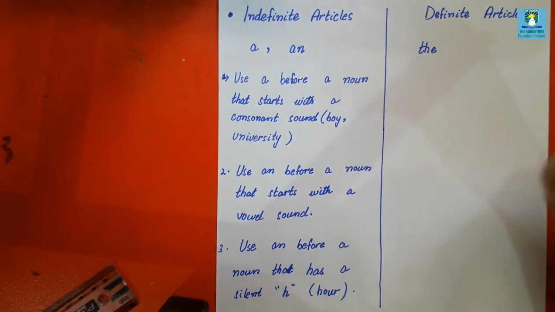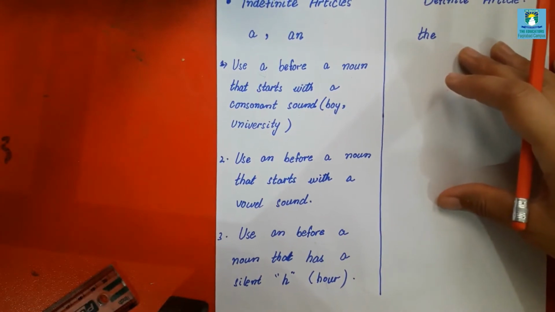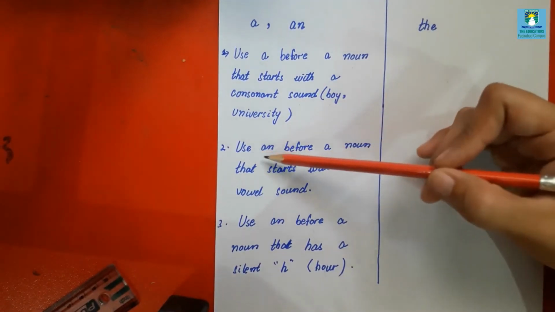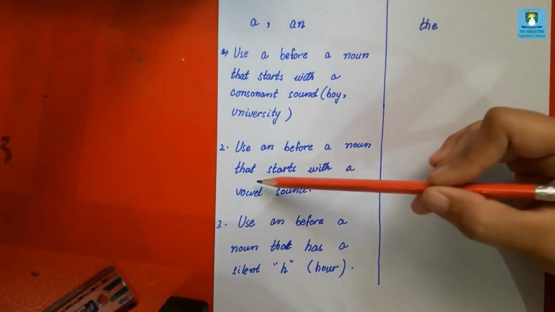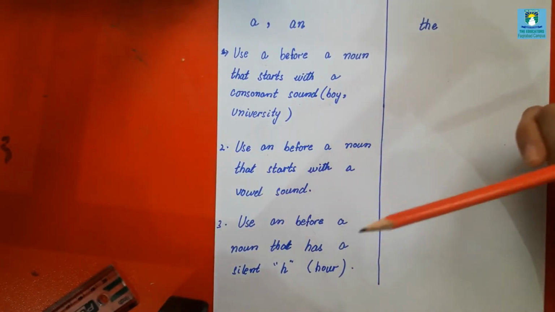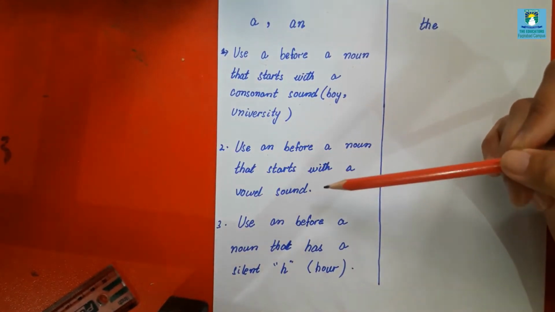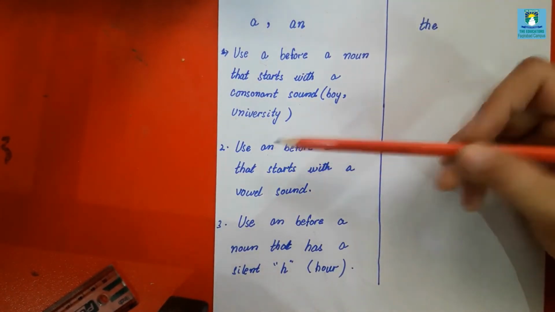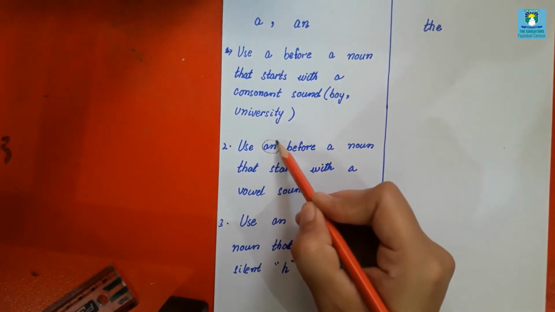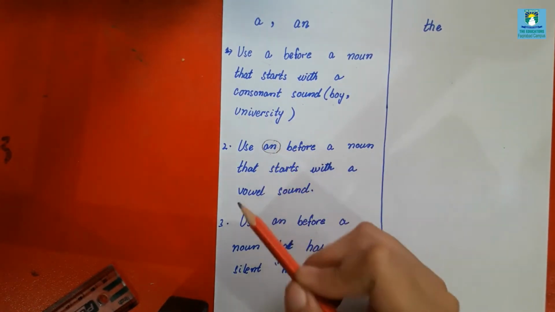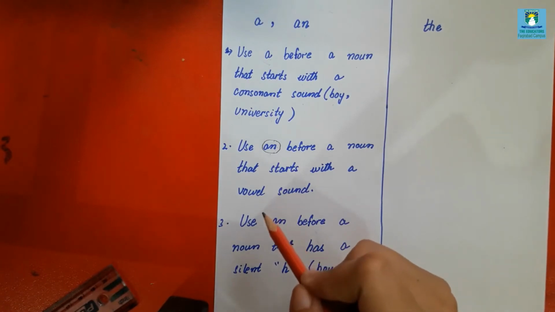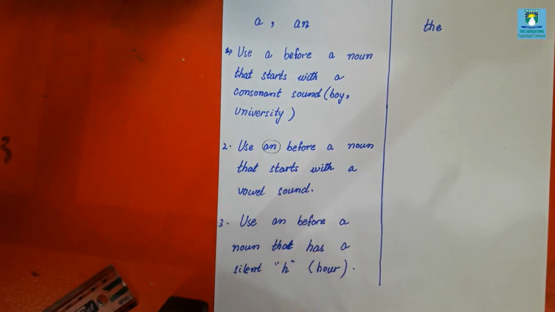Understand? The second rule for indefinite articles is use an before a noun that starts with a vowel sound. Those nouns which are starting with a vowel sound, we will use an before that. For example, apple. It's starting with a vowel, a. So we will not say a apple.